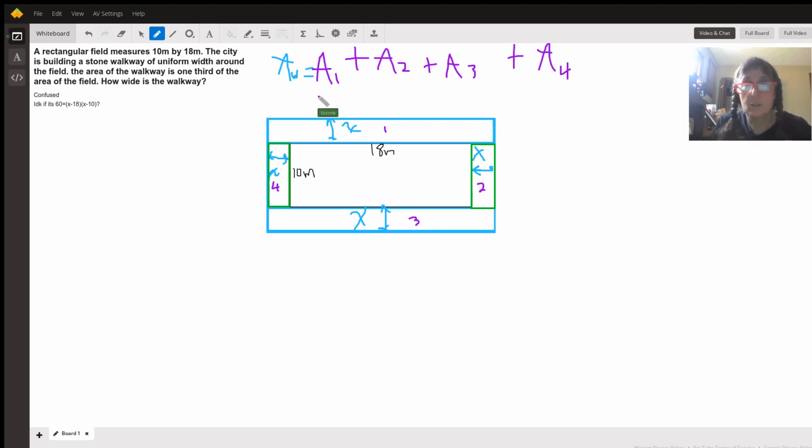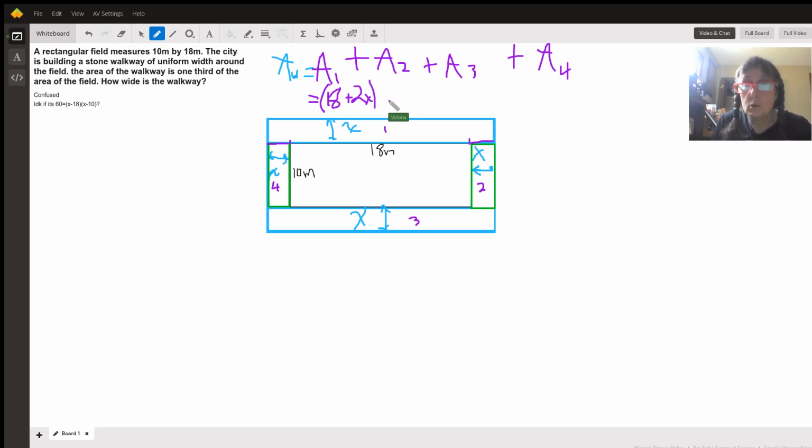And any rectangle is length times width. So the first rectangle is from here to here is 18, but we have plus x here and plus x here. So the length of the first top rectangle, number 1 there, is 18 plus x here and x here, which is 2x.